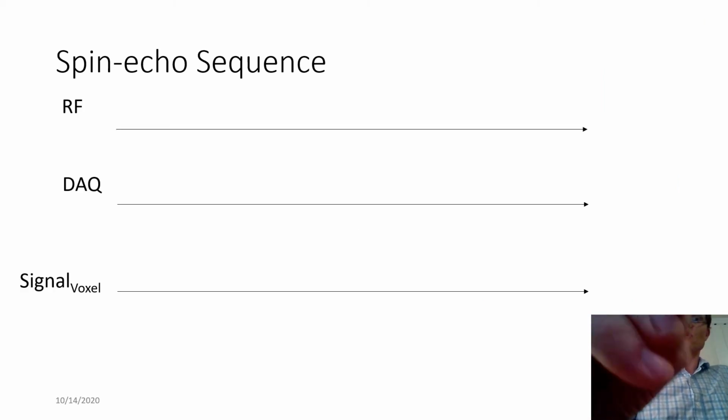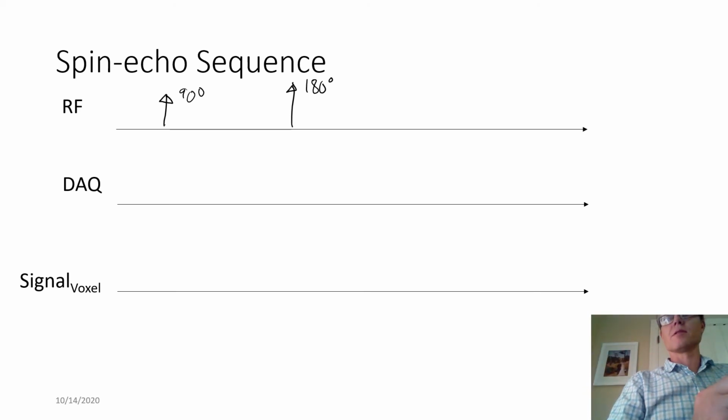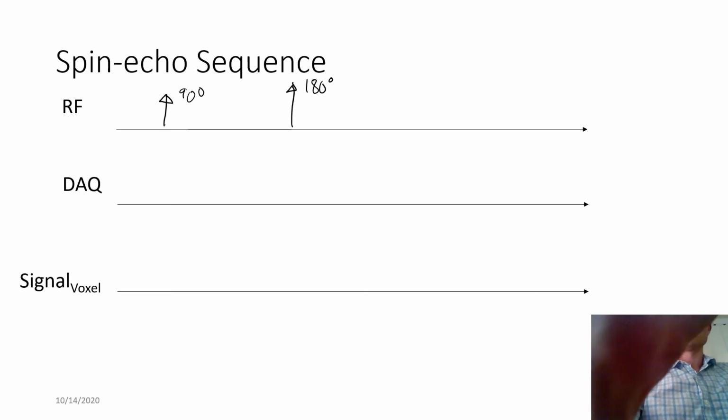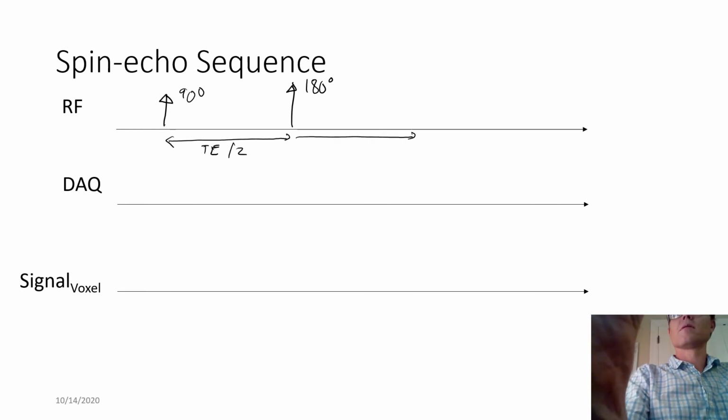So I'm going to draw this in one other way. Now that we've seen the basics of the sequence a couple of times, let's look at where we're going to do our data acquisition, and we're going to do it centered around the spin echo time.